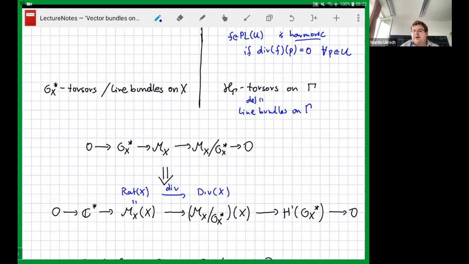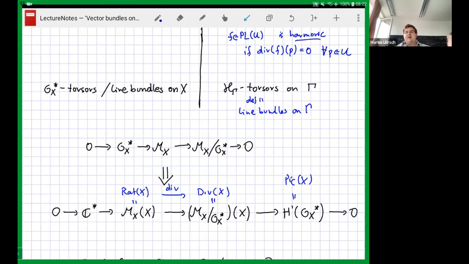Then you see that the H1 here ends up being 0, because the sheaf M_X has way too many functions. Now you're in the situation that H1 of O_X star, which by a straightforward cohomology argument classifies O_X star torsors, that is line bundles on X, is the same thing as the Picard group, which we defined as divisors modulo div of rational functions, meaning modulo principal divisors.